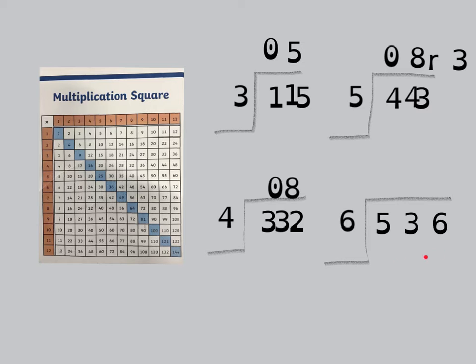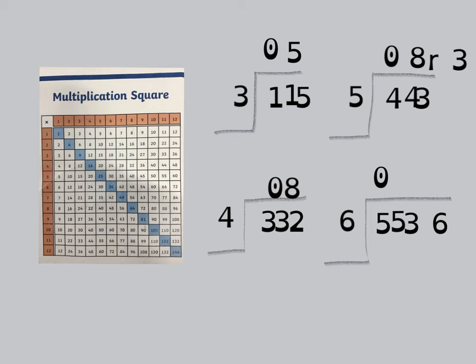Let's go on to the next calculation, and we're making it slightly harder this time because you've got 536 divided by 6. So it's just going to be a longer calculation. But if you look again, 5 divided by 6, you can't do it because that number is smaller than the number you're dividing by. So we have to move it on, and we write the 0 on top. And we carry this on to the tens this time to make 53 tens.